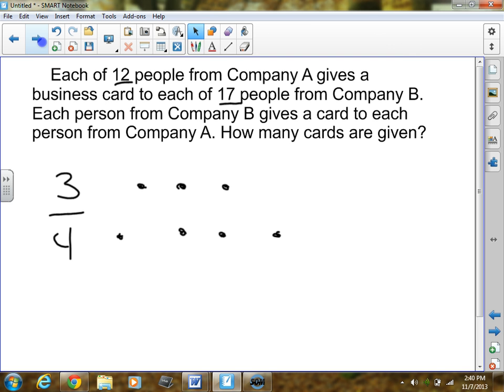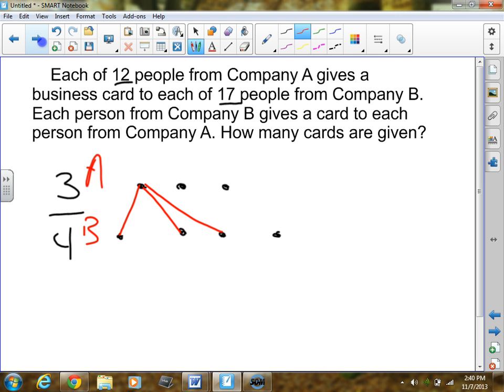So what's going to happen is company A people, this is A, that's B, are going to give them cards, so 1, 2, 3, 4. This person handed out 4, he's going to hand out 4, and he's going to hand out 4 as well. So that's going to equal 12.